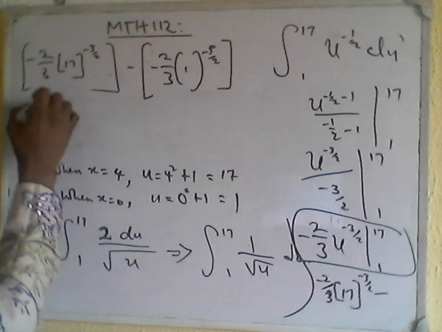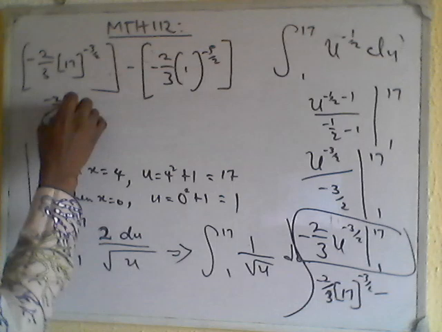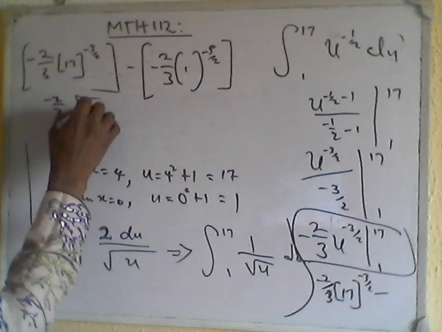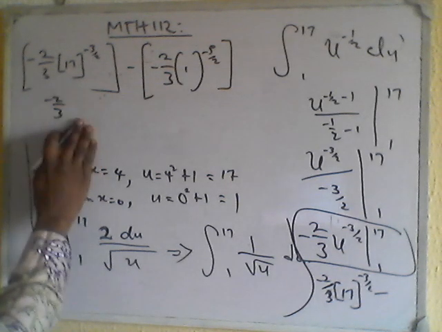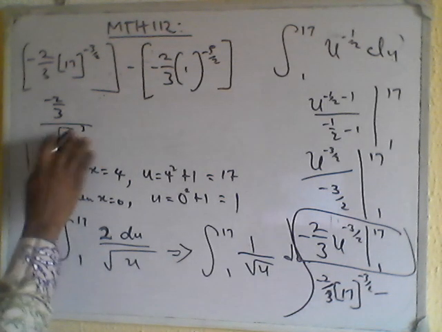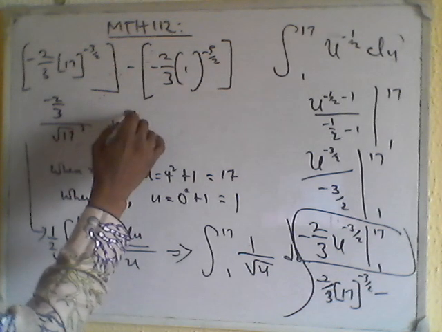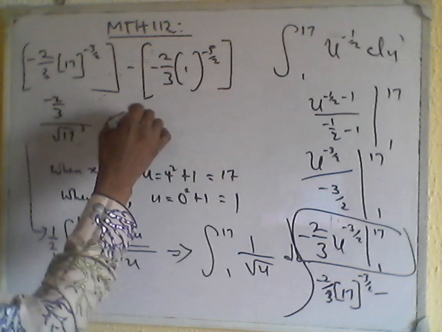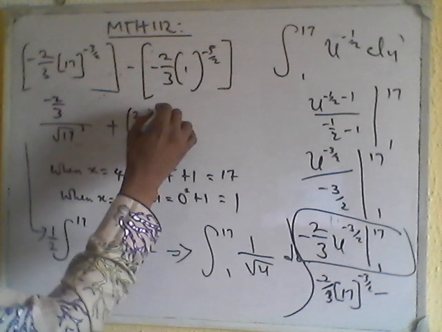For me I can simplify. So I have the first term, which is the square root of 17 all raised to the power 3, then my plus, this one is 2 over 3 raised to the power minus 3 over 2.